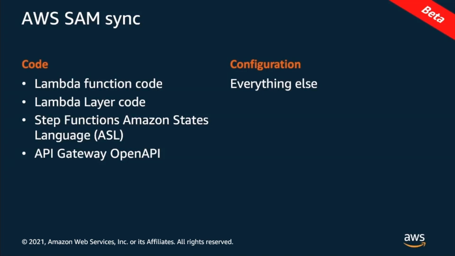You'll notice throughout this presentation, I've been showing you to use OpenAPI or Amazon States Language to configure API Gateway and Step Functions respectively. When those are separated out in different files, SAM can differentiate those, and everything else is considered configuration. And so when we use SAM Sync, it's going to look at this specifically and work a specific way.